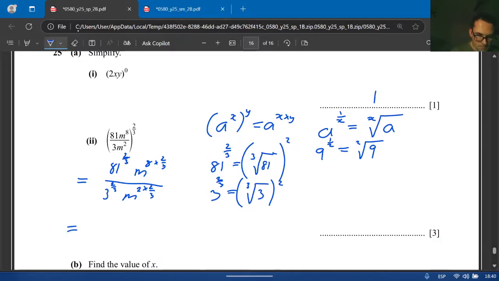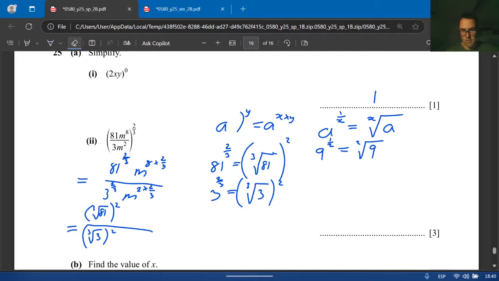So let's do that. We've got cube root 81 squared over cube root 3 squared. We're making progress slowly.